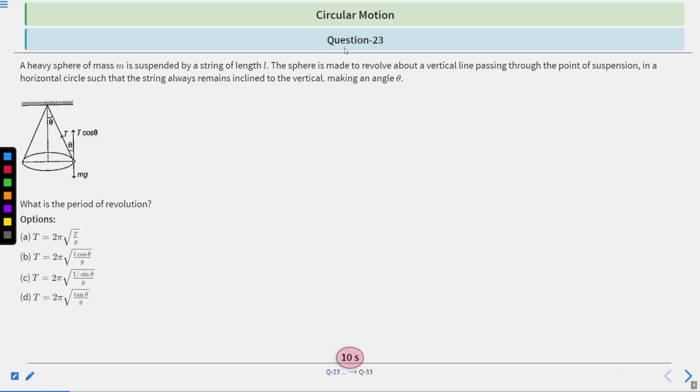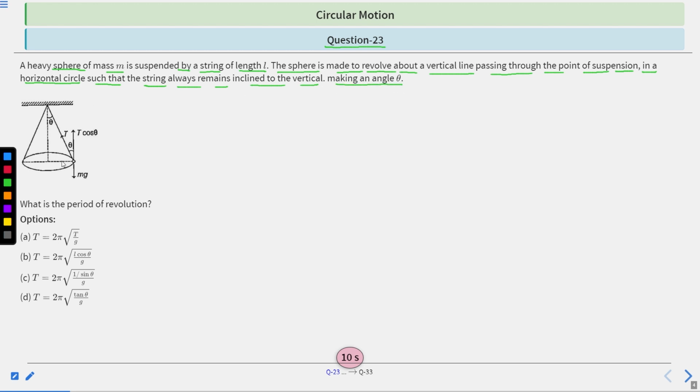So, question 23 is: a heavy sphere of mass m is suspended by a string of length L. The sphere is made to revolve about a vertical line passing through the point of suspension in a horizontal circle, such that the string always remains inclined to the vertical, making an angle theta.